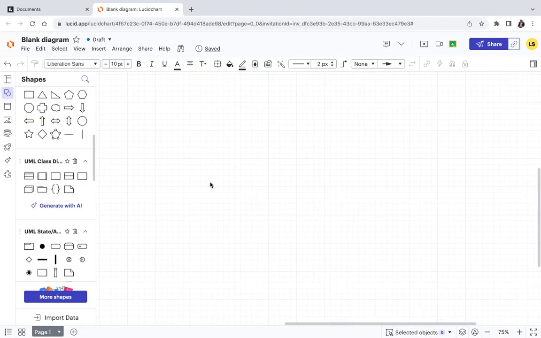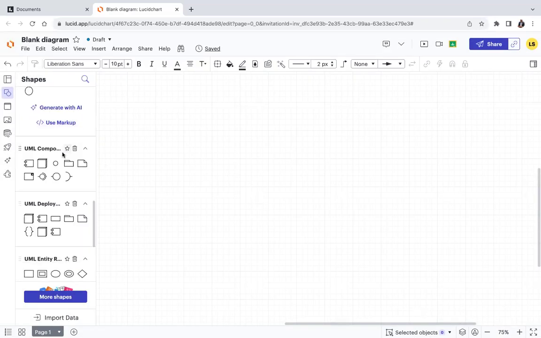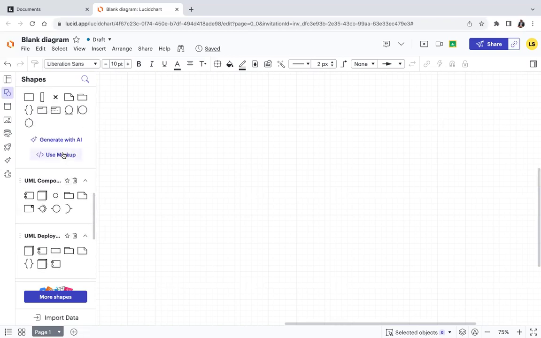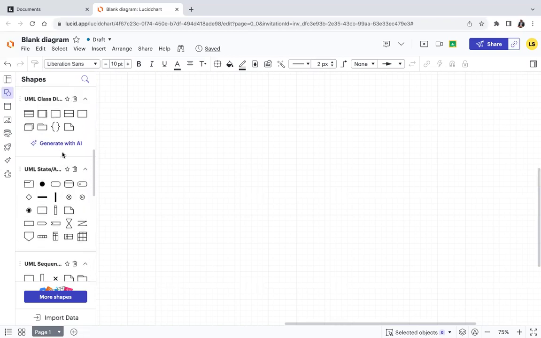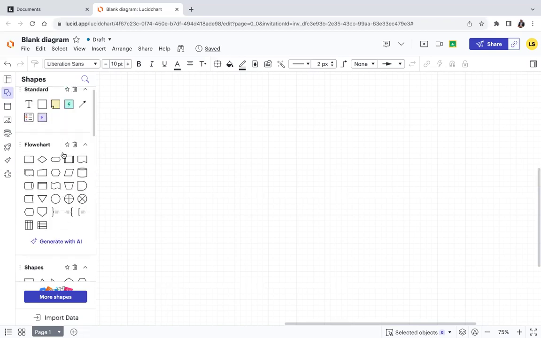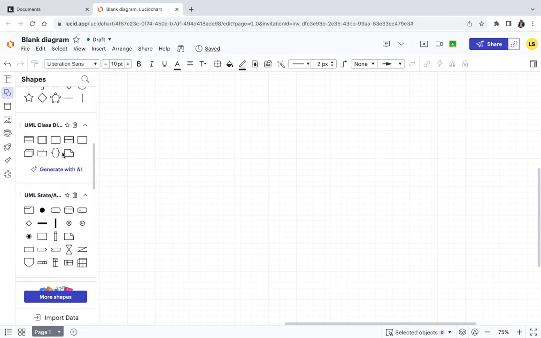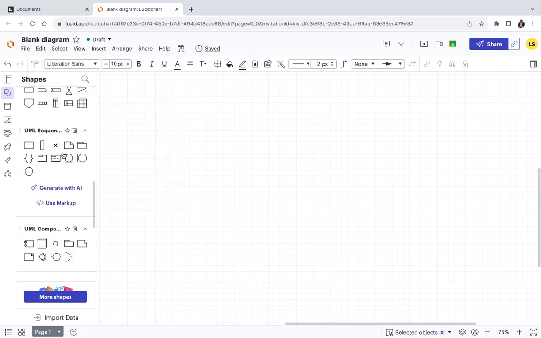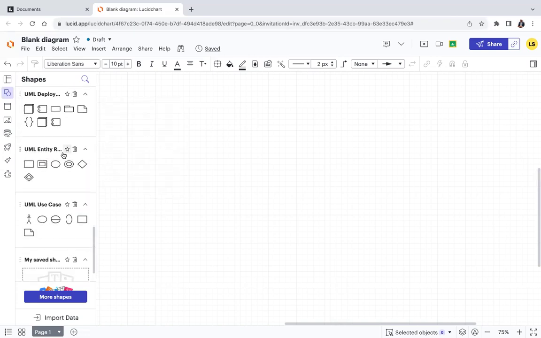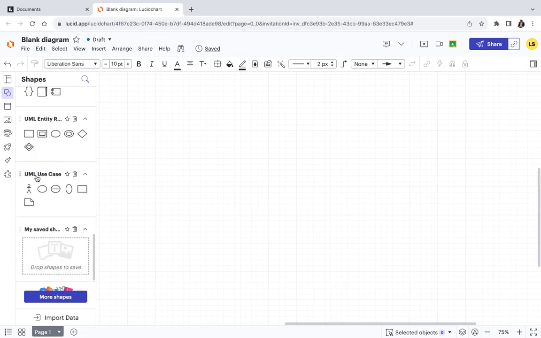Now when we scroll here, our use case diagram shapes must be on the list. Where are you? Very good. UML use case diagrams. They are here. So we can easily use these shapes to formulate our new proposed system.